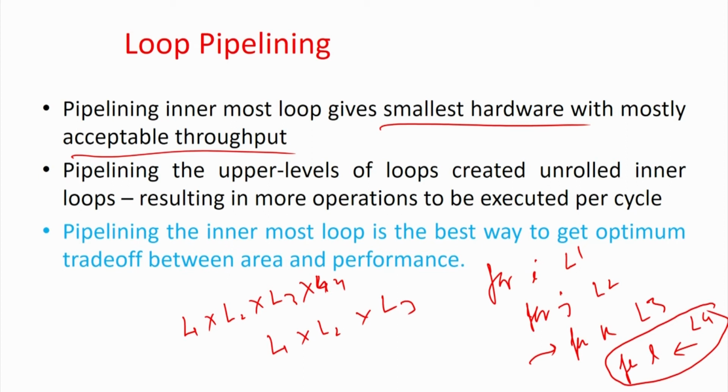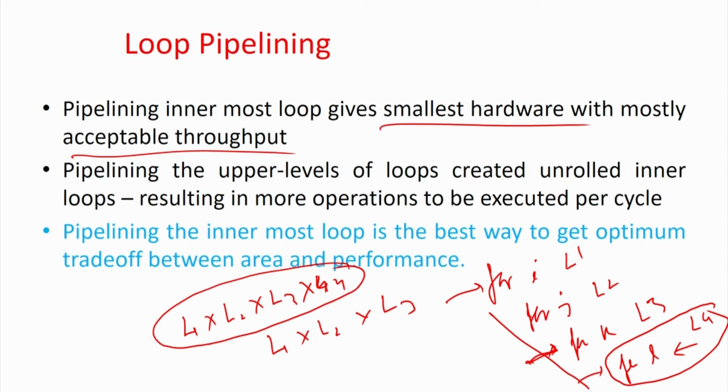So it depends. The idea is that you should not pipeline the outermost one as the innermost. Based on your requirement, you should always try to pipeline the innermost one, right. If this number of clock cycles is not acceptable, you probably go for pipelining this. But if you pipeline this one, all these 3 will be unrolled, and it will create a huge hardware.